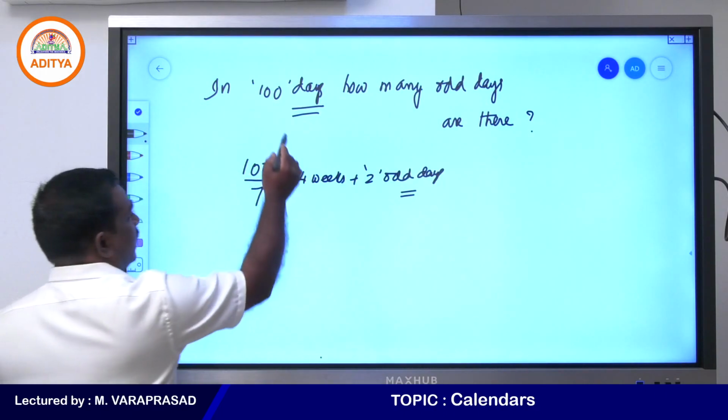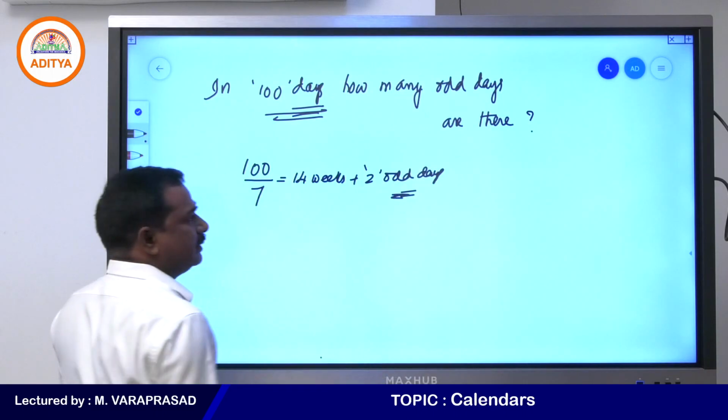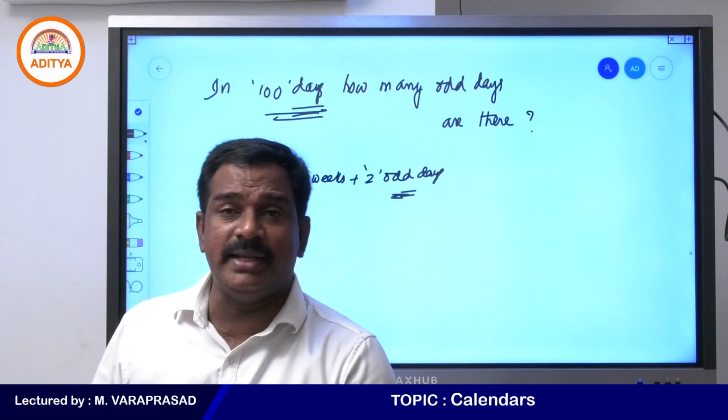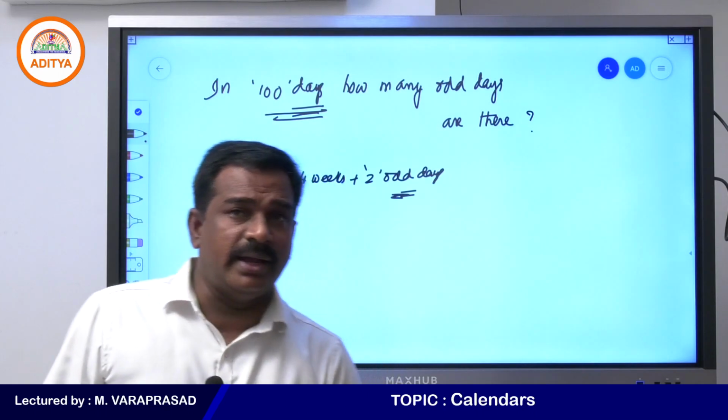So when 100 days are given, you get 2 odd days. When days are given, you can get odd days easily.